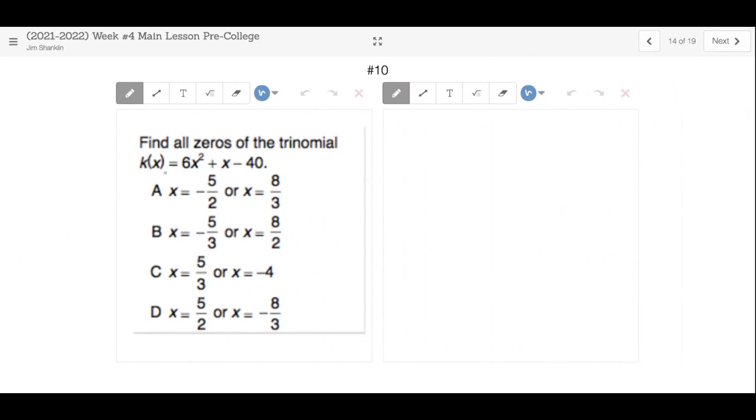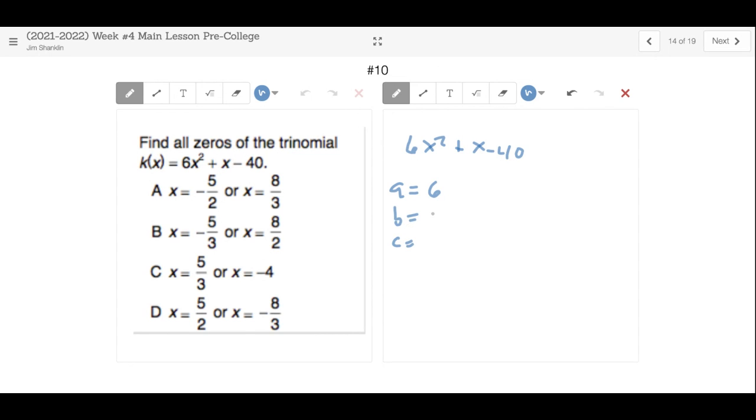Again, find all the zeros of the trinomial. Okay, so I've got 6x squared plus x minus 40. Now, I don't know which way you guys want to do this. Factoring for some people when there's a number in front of the x squared is difficult. So I might use the quadratic formula.